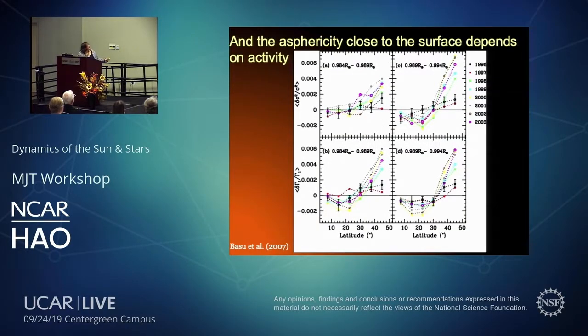This is the average asphericity very close to the surface as a function of time. Solar minimum was black, solar max is here, and you can see the shape changing. So there is, at least in the outer layers, signs of changes with activity.